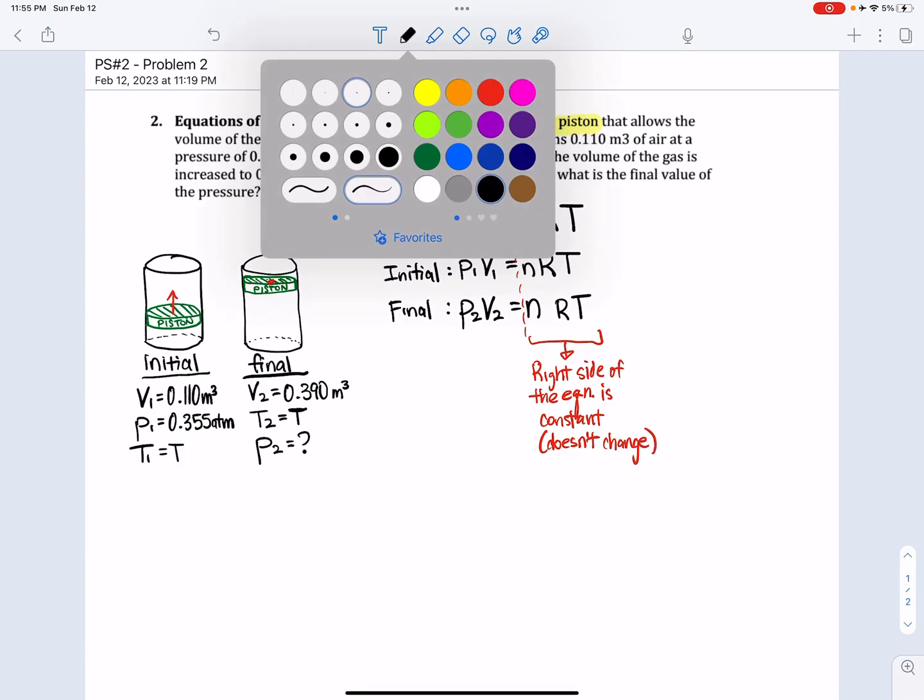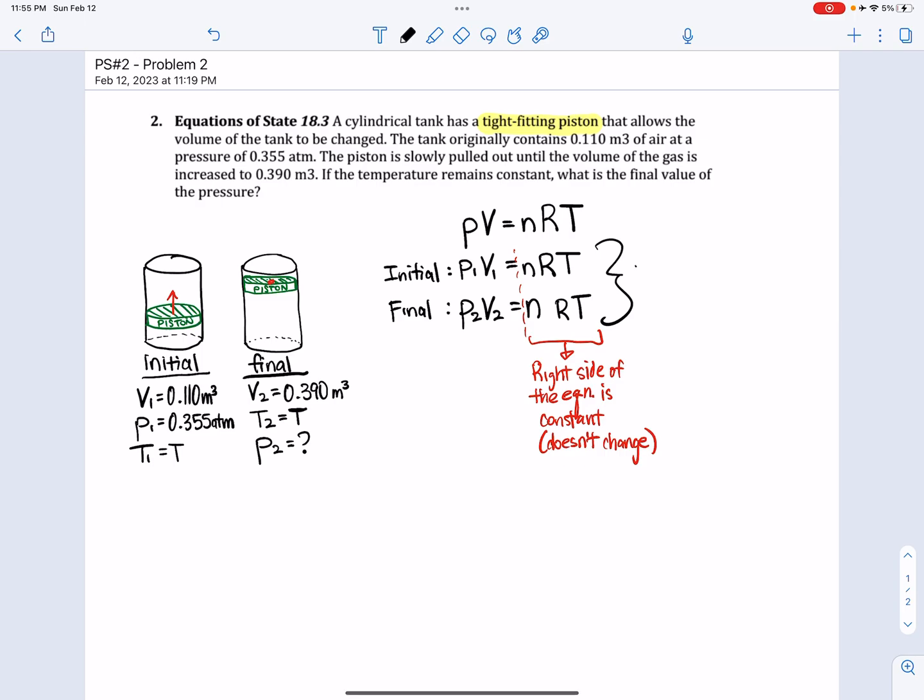So because of that, we can say that P1 V1 is equal to P2 V2, because these two things on the right side are equal to each other. They're constants.